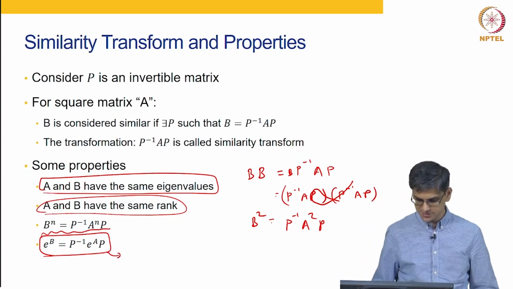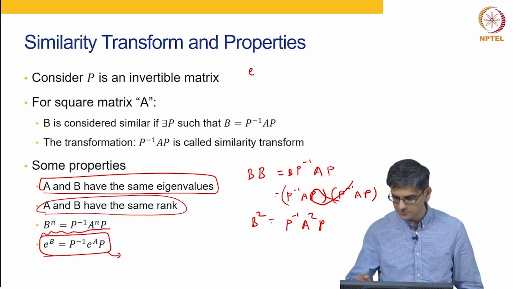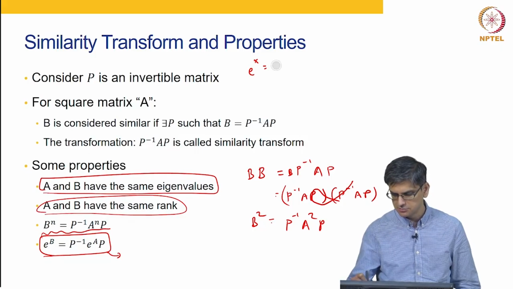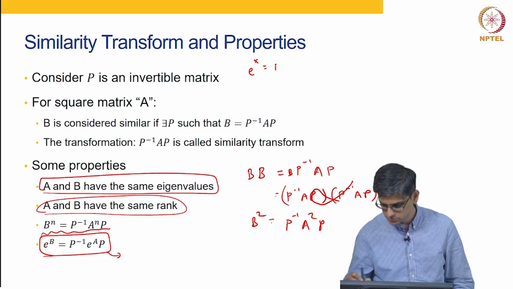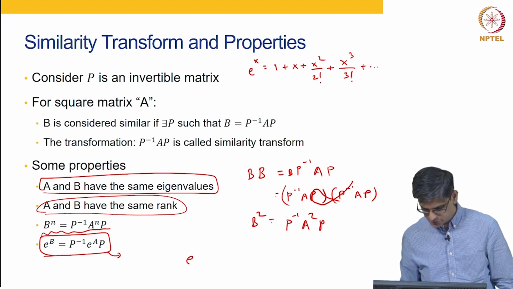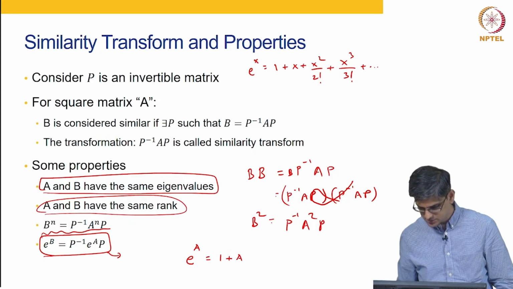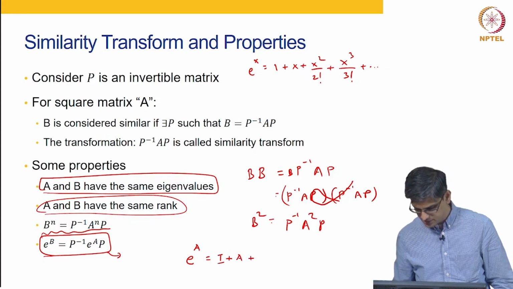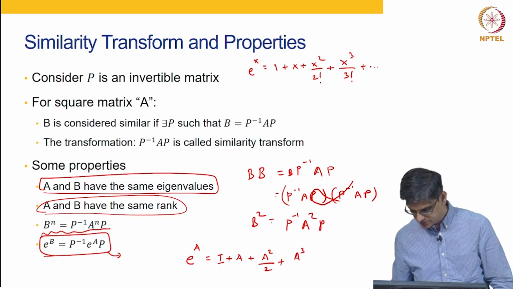Why is this interesting? Because you remember how we write the Maclaurin series e to the power x. Likewise, you can write e to the power A as I plus A plus A square by 2 plus A cube by 3 factorial plus so on.